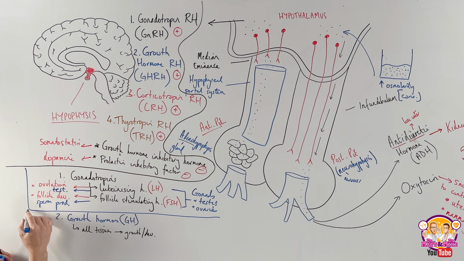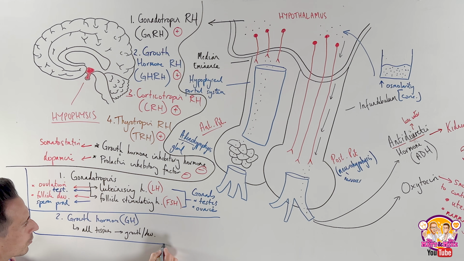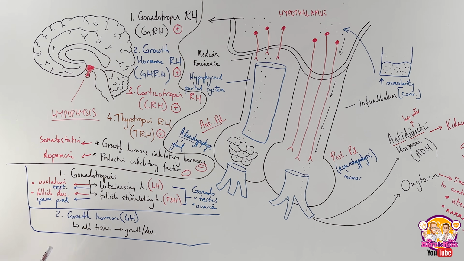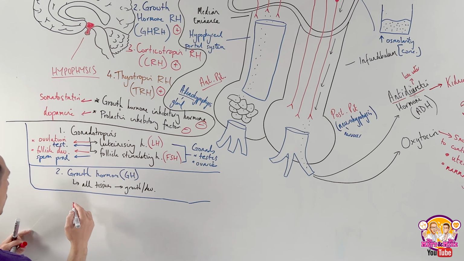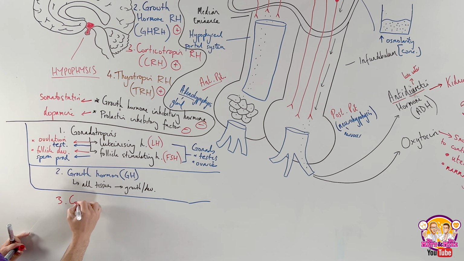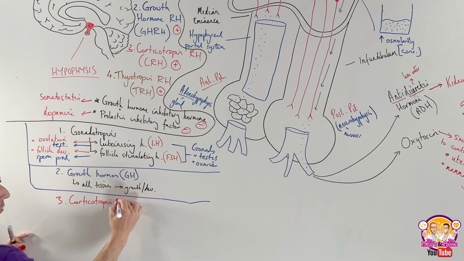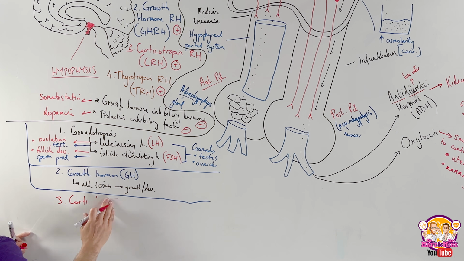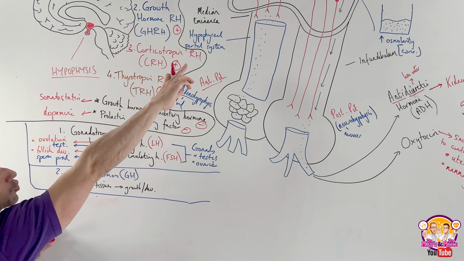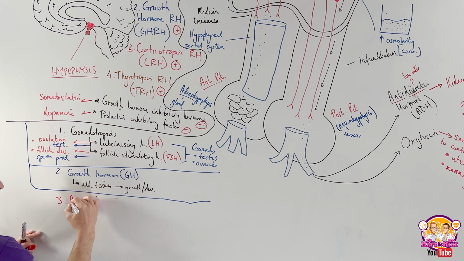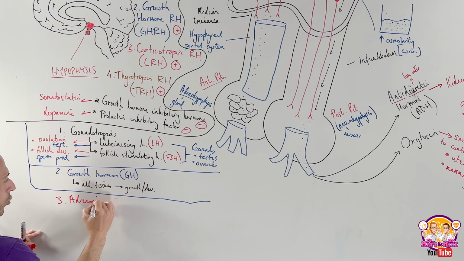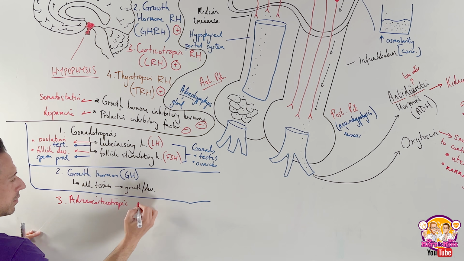Then we've got corticotropin releasing hormone. Let's write this one. No, we'll keep it down here. Corticotropin releasing hormone. Sorry, that's the one up there. Corticotropin releasing hormone travels down and stimulates the release of adrenocorticotropic hormone.